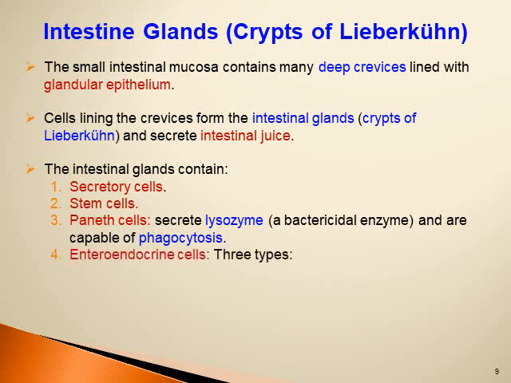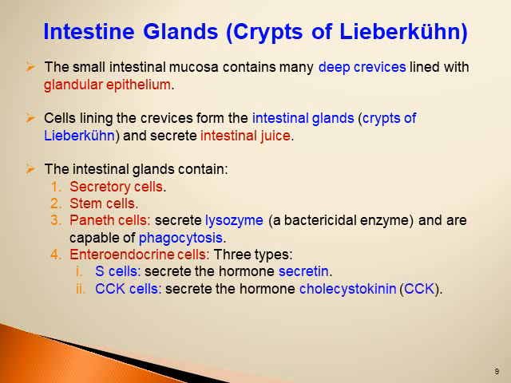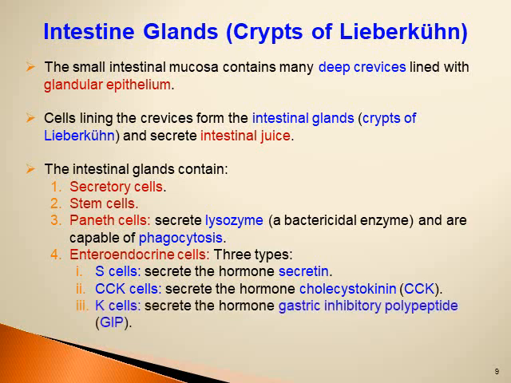And enteroendocrine cells, there are many enteroendocrine cells. The main three types are S cells that secrete the hormone secretin, CCK cells that secrete the hormone cholecystokinin, and the K cells that secrete the hormone gastric inhibitory polypeptide.